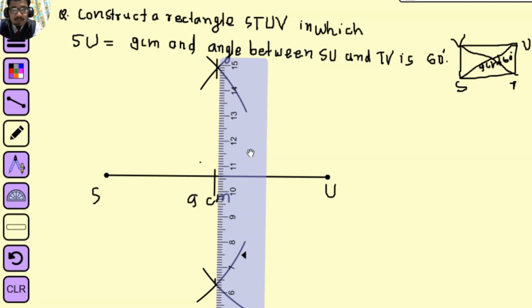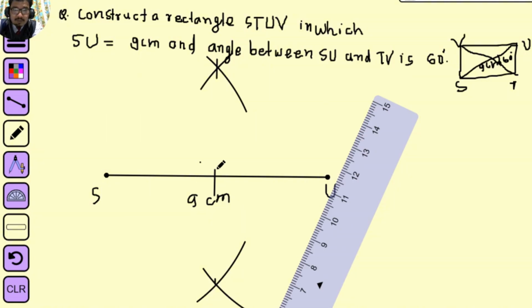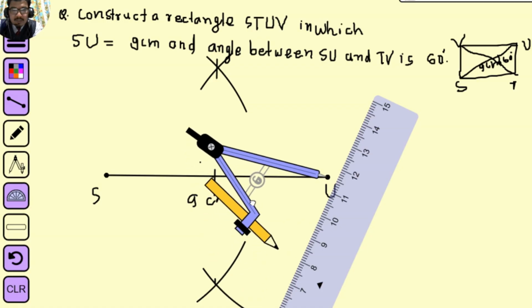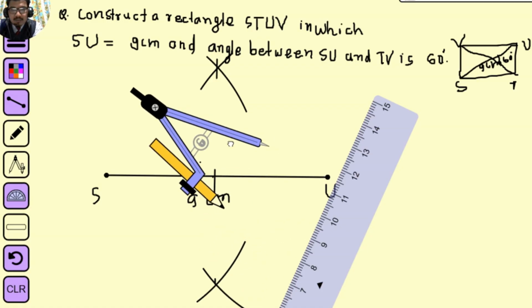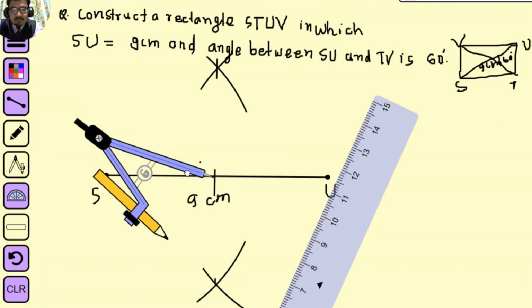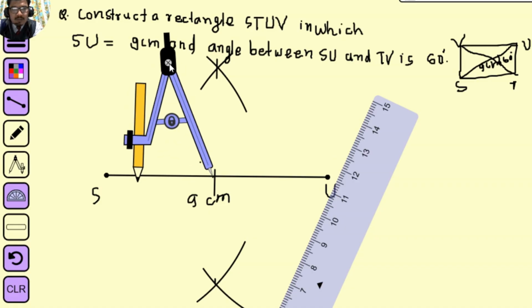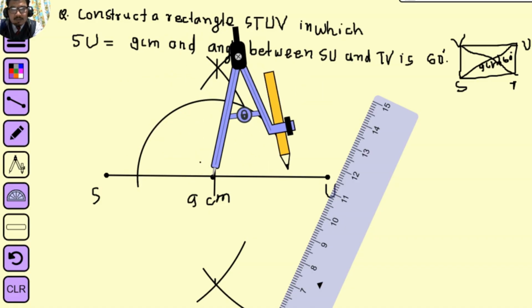This is the middle point. At that point, take one appropriate arc in the compass and put it here. Then take one arc here like this.